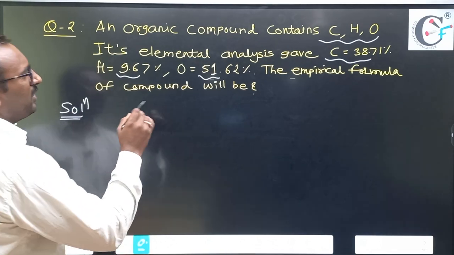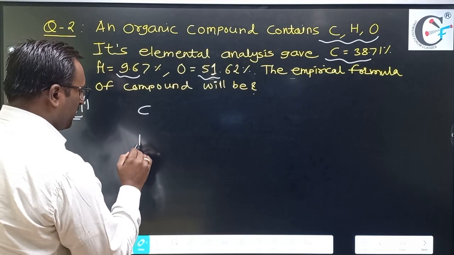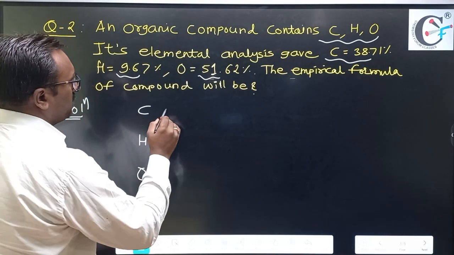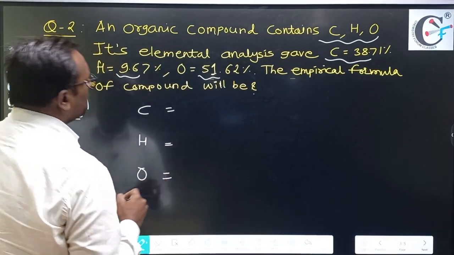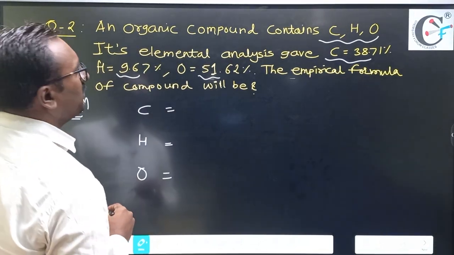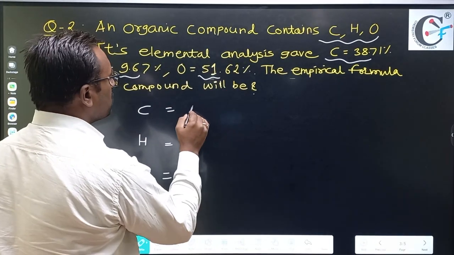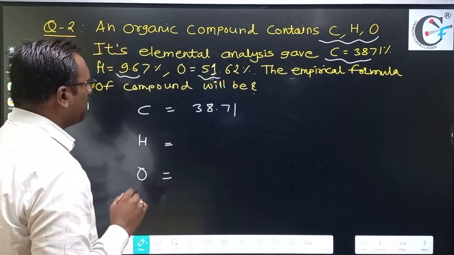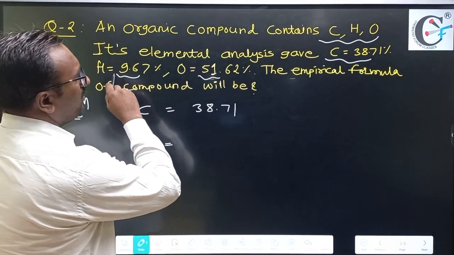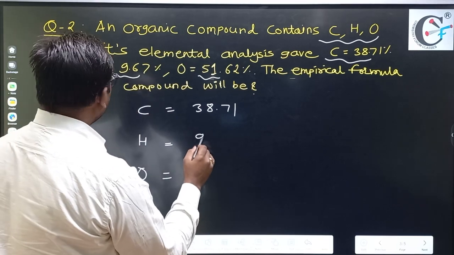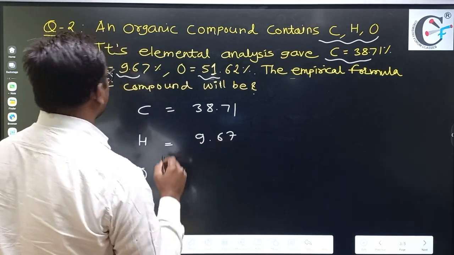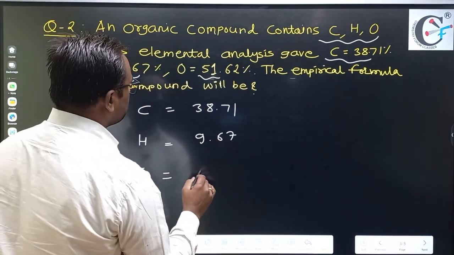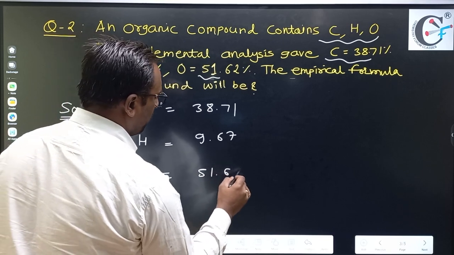So we have 3 elements, carbon, then hydrogen and oxygen. So the percentage of carbon, it is given, it is 38.71. Then the percentage of hydrogen is 9.67, the percentage of oxygen is 51.62.